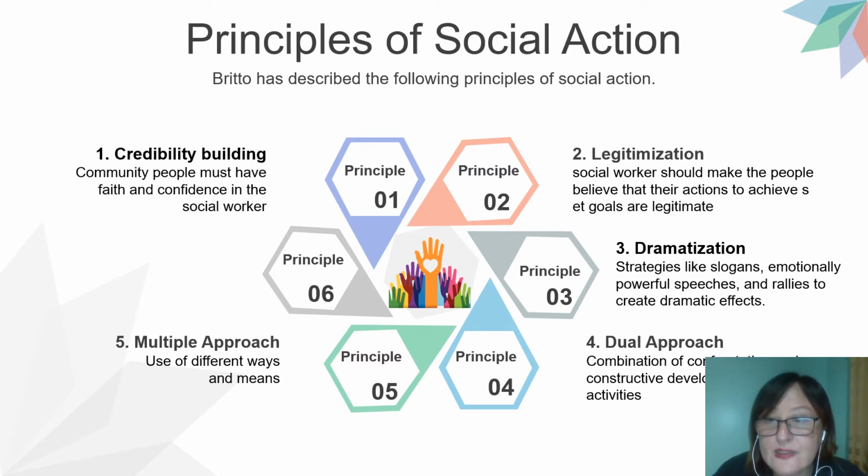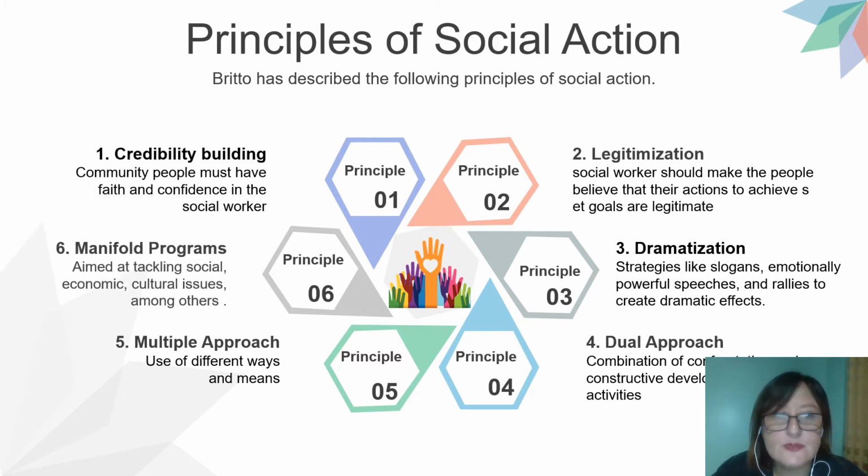That's why it's important to plan social action activities in advance. And it's important to understand not only the issues that you would like to raise, but also who are the stakeholders, who will be affected if changes are to be made.